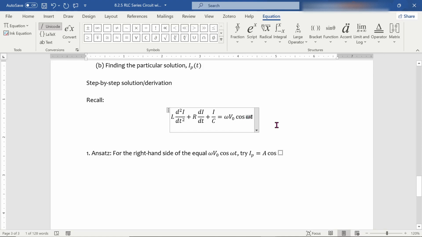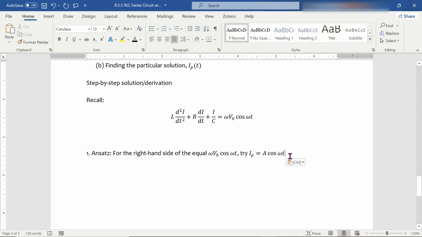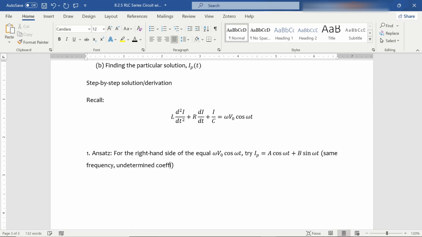So we propose this general solution for the particular solution: a cosine of omega t plus b sine of omega t. And of course the caveat is that there must be the same frequency. We have undetermined coefficients, so you just have to remember this ansatz.